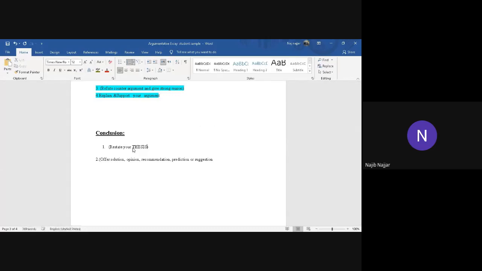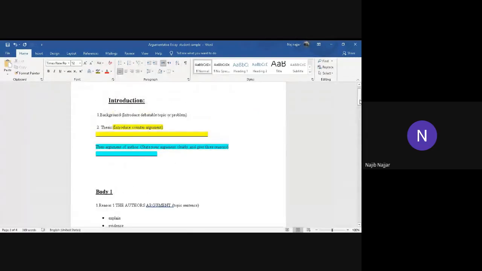I take the thesis and I put it over here, but I have to change the words. I keep the same meaning, but I change the words. When I'm done, I put a full stop and I offer a solution, opinion, recommendation, prediction, or even a suggestion. That's all. You can check this every time you go through these.